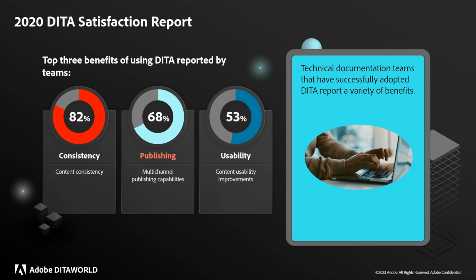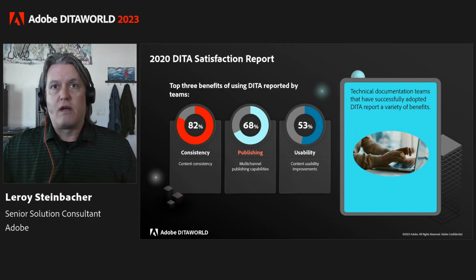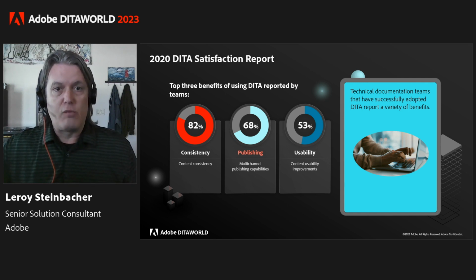And then the third benefit is usability. Content usability improvements, 53% reported that. What's interesting is that 68% reported publishing as the number 2 benefit of implementing DITA XML within their teams.